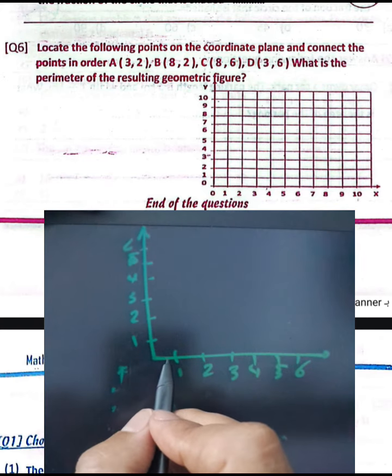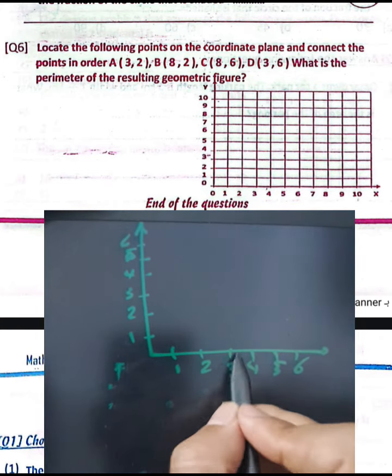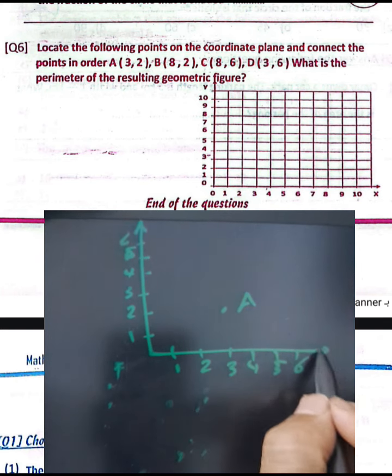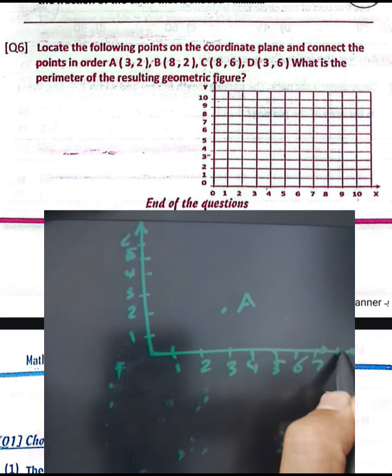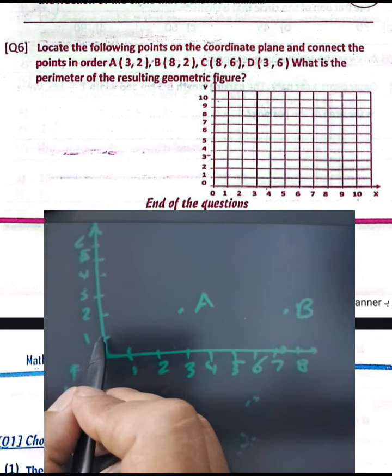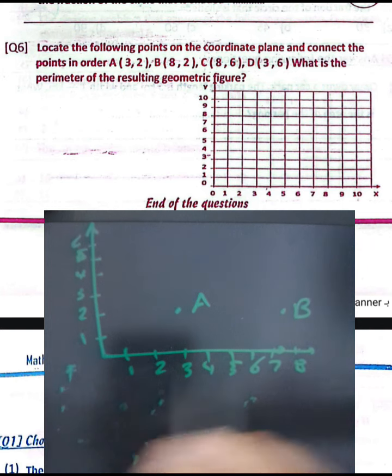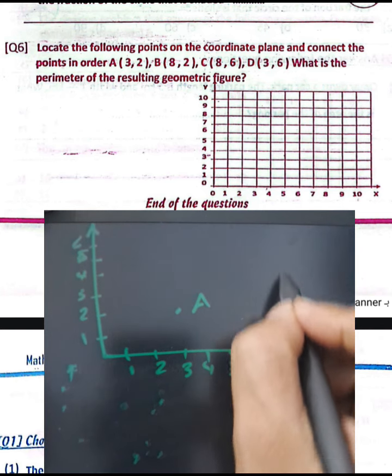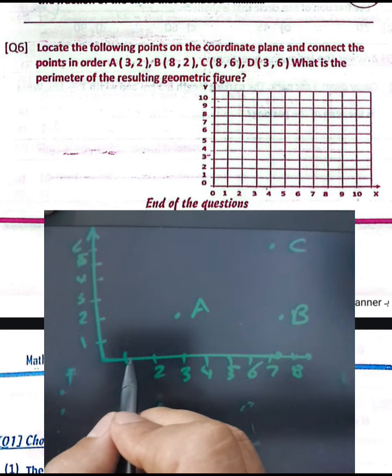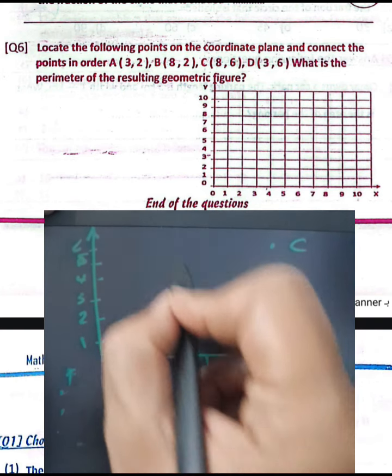First point 3 and 2, it's point A. Point B, 8 and 2, it's point B. Point C was 8 and 6. Point C. Point D, 3 and 6.